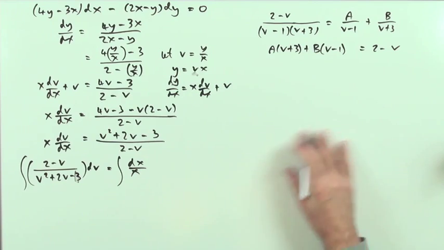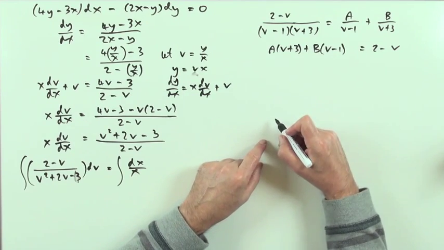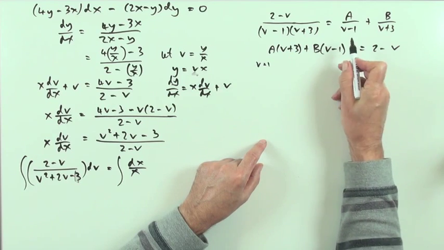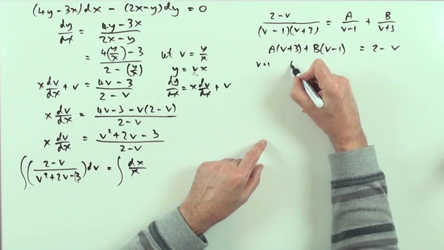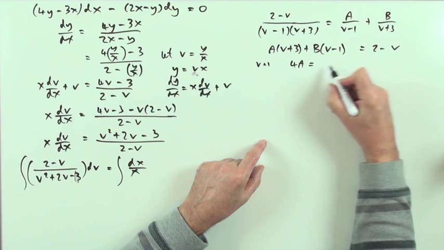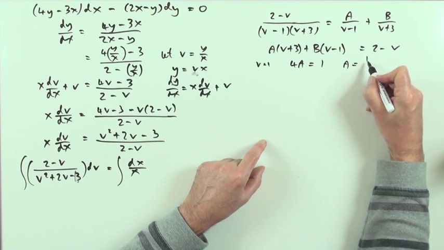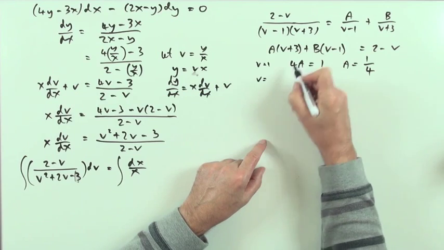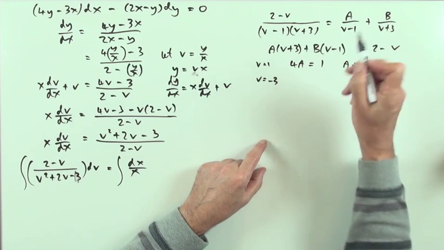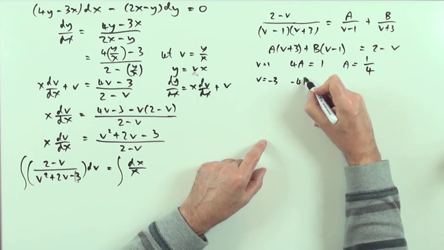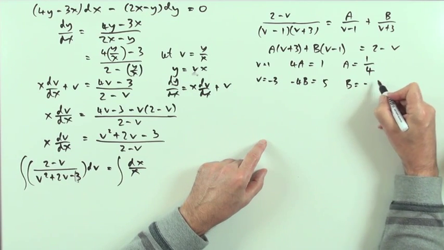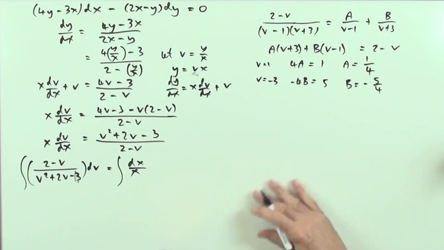Then in whichever way you like, equating the parts or just using knockout values, just use knockout values. If I take v equal to 1, that knocks that out and makes that part into 4a equals 1. So a is going to be a quarter. And if v equals, let's say, negative 3, then that knocks out, and I've got negative 4b equals 5, so b is going to be negative 5 upon 4.